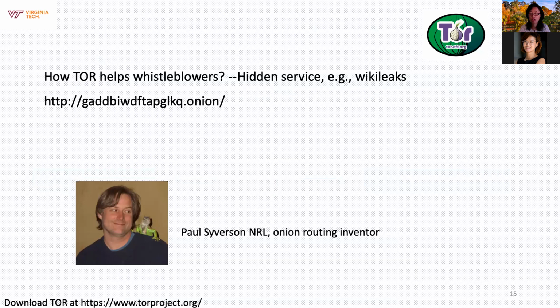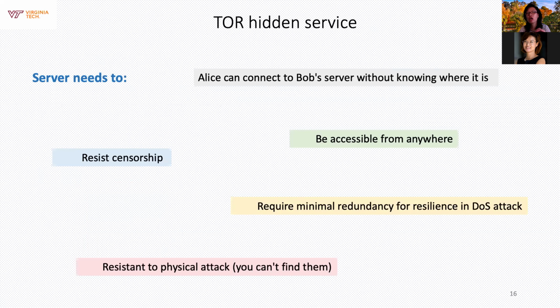Paul Syverson from the Naval Research Lab is the onion routing inventor. WikiLeaks uses a hidden service, and it's based on this concept. First of all, what exactly is it for? A lot of times it is to resist censorship and resist attacks, physical and cyber.